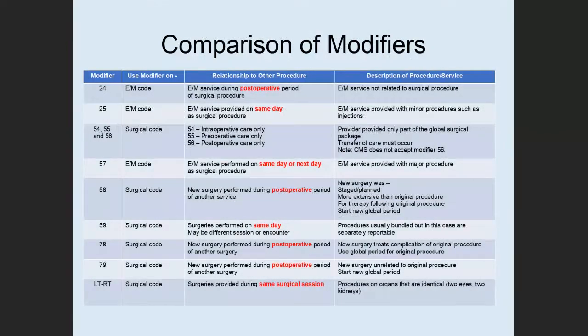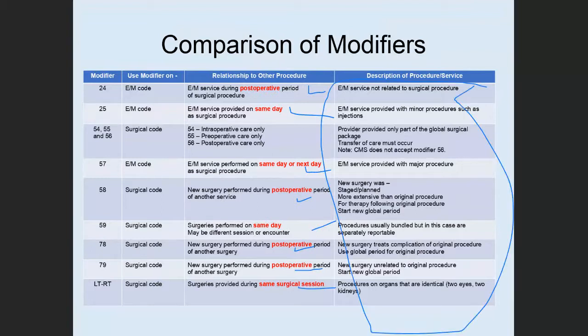Here's a summary of the modifiers we've talked about. Timing is important. Modifiers 24, 58, and 79 are used for services provided in the post-operative period. Post-operative, post-operative, post-operative. Modifiers 25, 57, 59, LT, and RT are same day or next day. Same day, same surgical session. The final column indicates the relationship between the procedures.